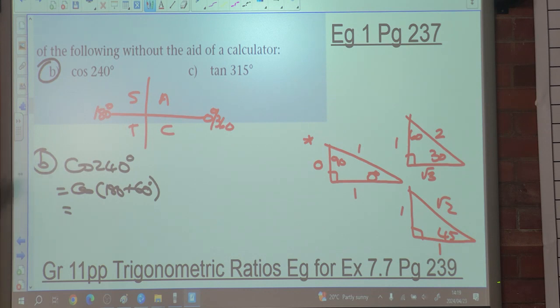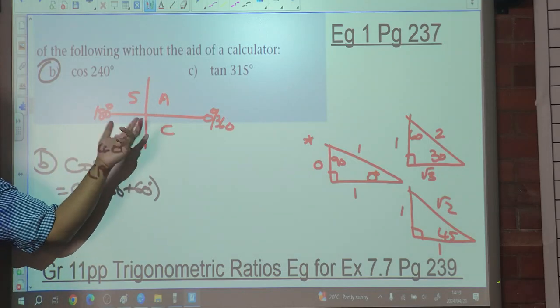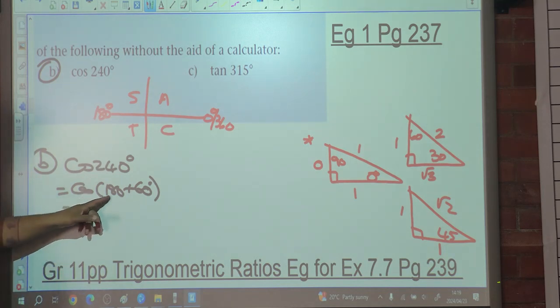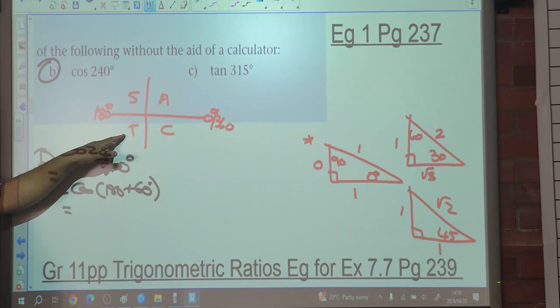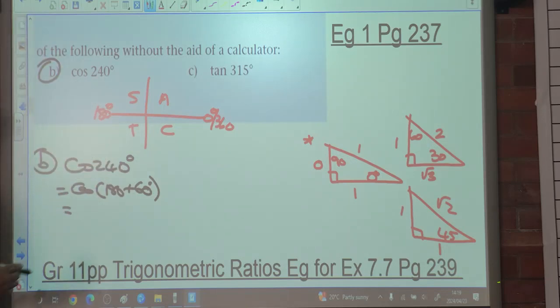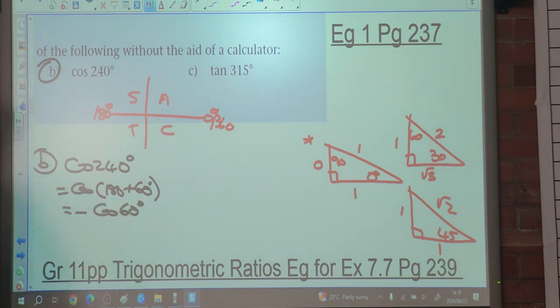I could have said 270 minus 30, but as I said, we're going to use 270 and 90 only when necessary, where sine changes to cos and cos changes to sine. So 180 plus is in the third quadrant. Is cos positive or negative in the third quadrant? Negative. So it's going to be negative cos of 60 degrees. What does cos stand for?